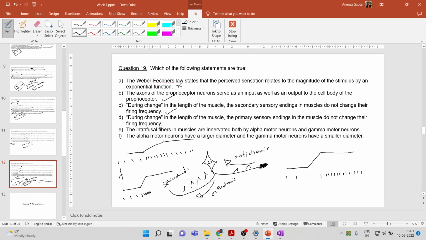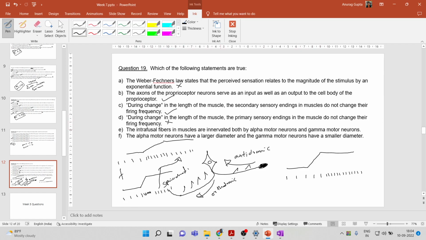It's higher here because the velocity of shortening is more. So D is false, because they do change during the change in the length of the muscle.